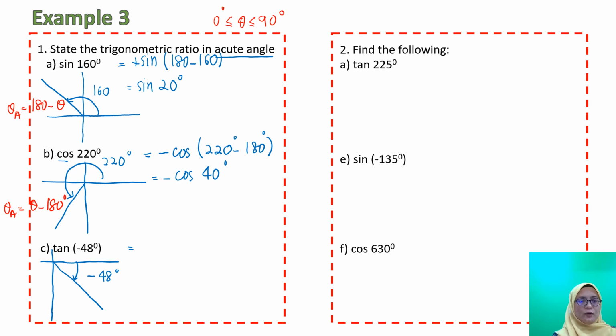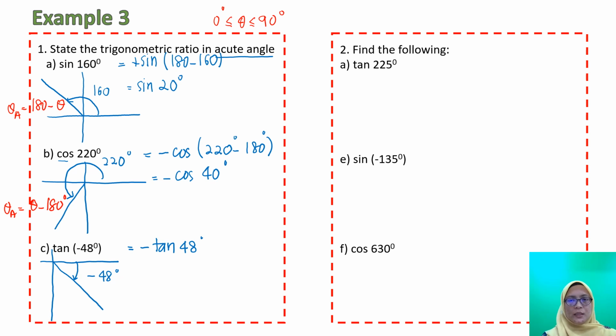So fourth quadrant only cos is positive. So here kita ada negative tangent 48. Ataupun boleh refer teorem tadi lah. Sebab 48 ni adalah still acute angle. So nilai yang tak lebih daripada 90. So kita boleh apply teorem tadi.